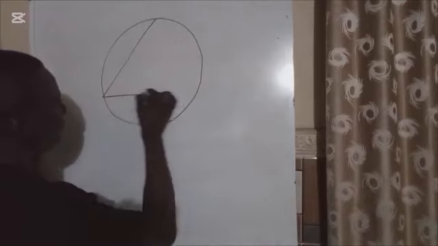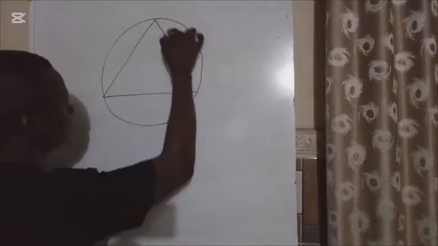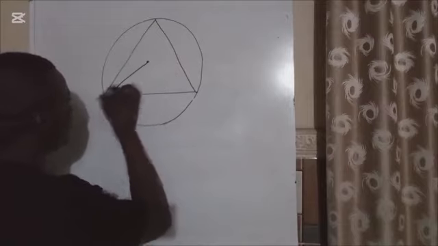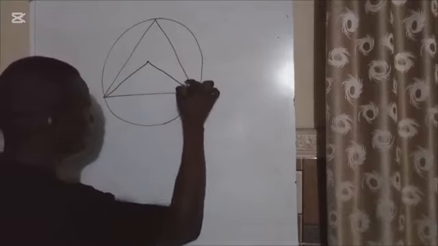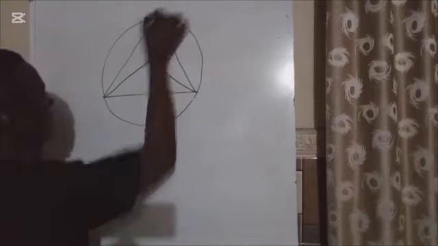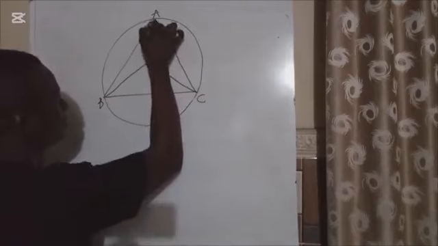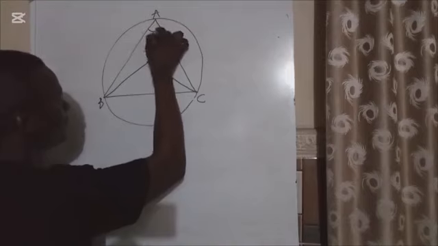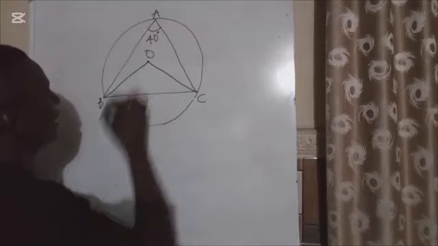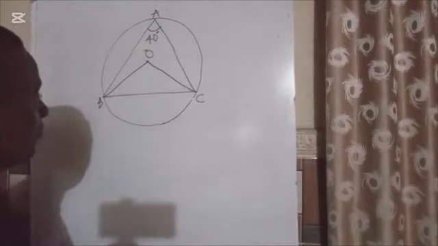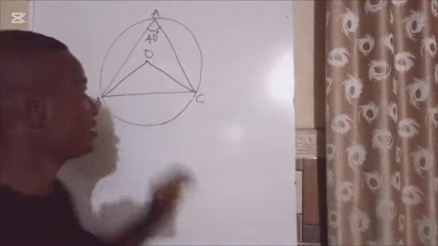We have a triangle inside the circle. Then from the center of the circle, we also have a triangle. This is A, B, C, and this is O. This is 40 degrees.